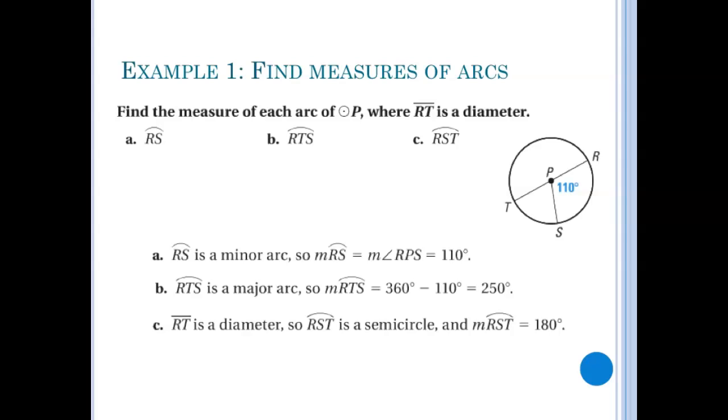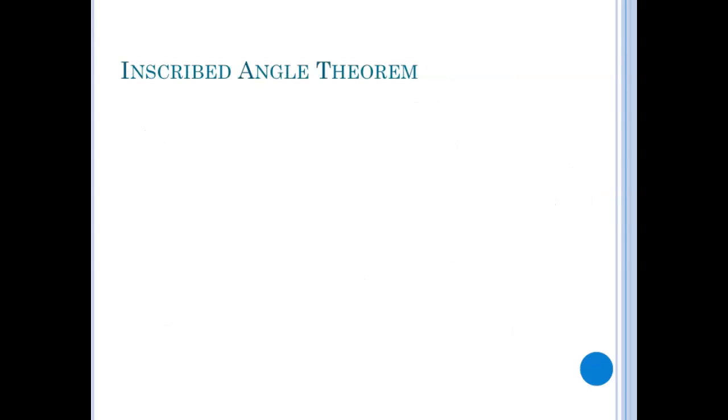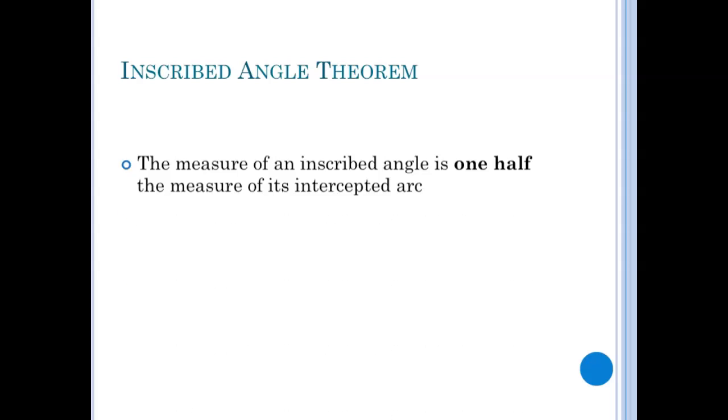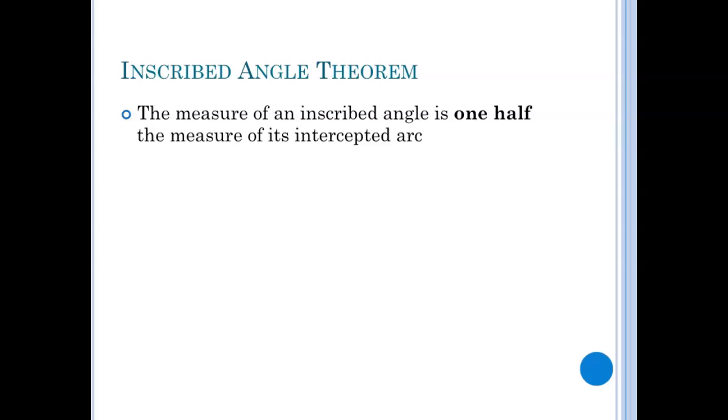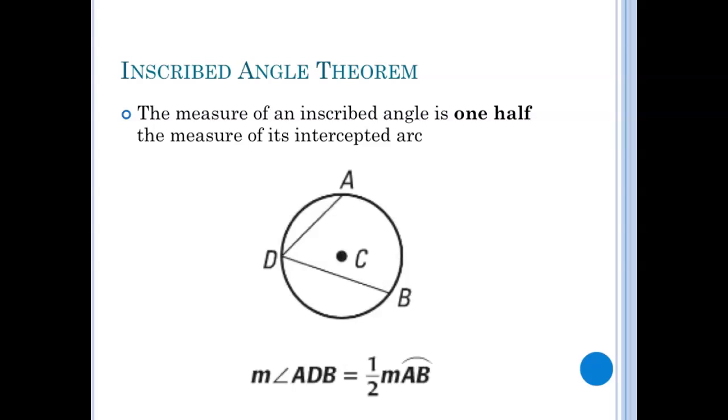The next thing we're going to talk about is the inscribed angle theorem. Now this theorem says that the measure of an inscribed angle is equal to 1/2 the measure of its intercepted arc. So here's a picture. And what we're saying here is that whatever the measure of arc AB is equal to, which we know is simply the measure of the angle formed by ACB, which is not drawn in here.